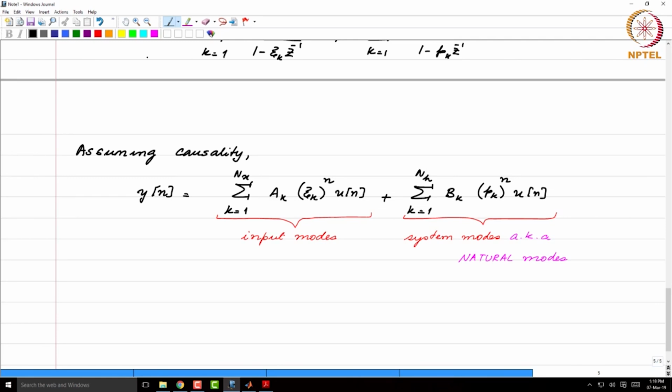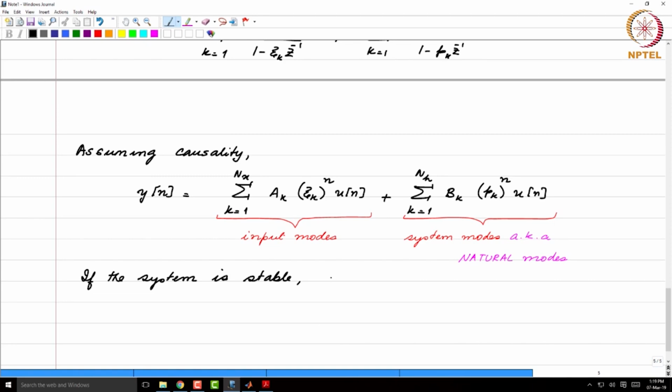Now, if the system is stable, clearly we have assumed causality because of the form of the inverse Z transform that we have written, then all poles will lie strictly inside the unit circle.